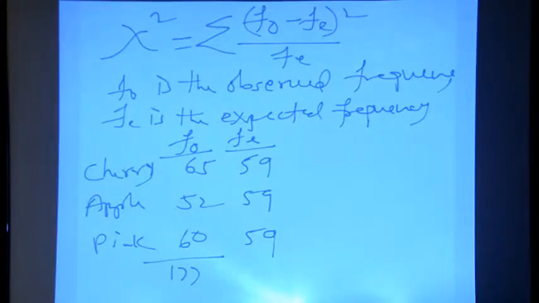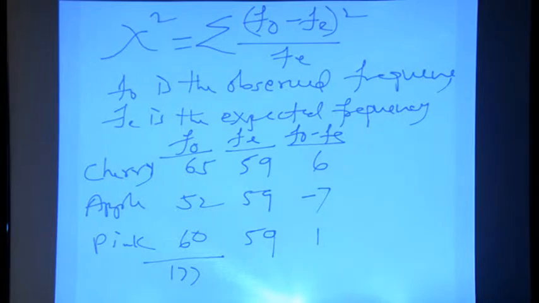Now, we go through this formula. Next, FO minus FE. This will give us 6, negative 7, and 1. If you add these, you are going to get 0.